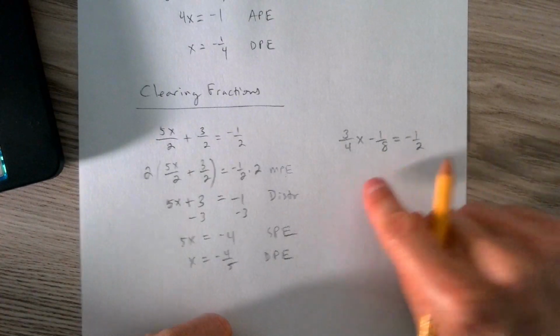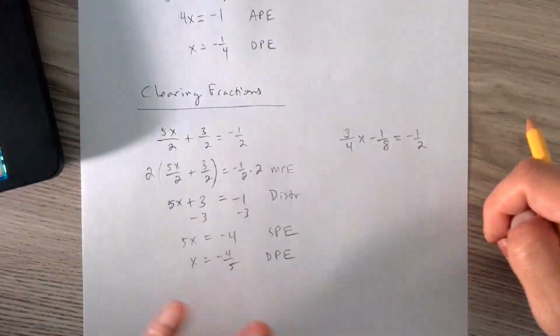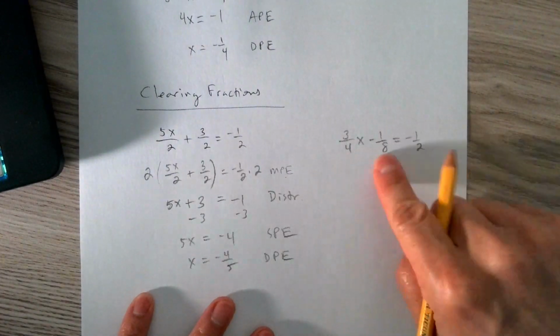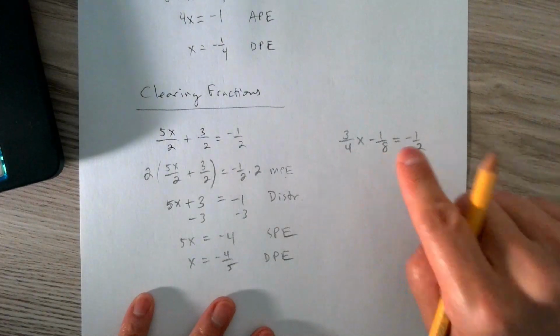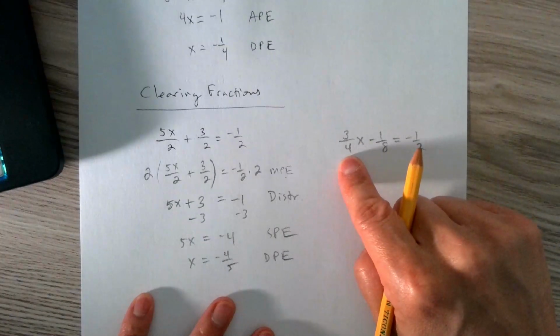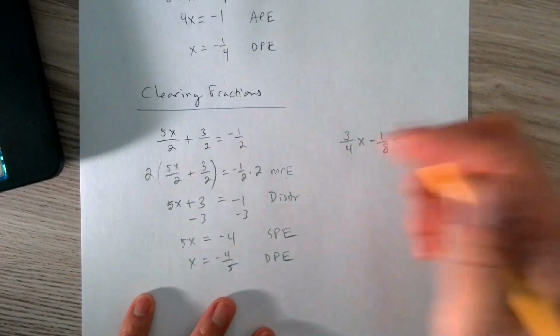I can't multiply both sides by 2 and expect all the denominators to disappear. 4 won't work either. 8 will work, because it'll definitely clear this fraction. It will clear this denominator. It'll clear this denominator because 4 and 2 both go into 8.